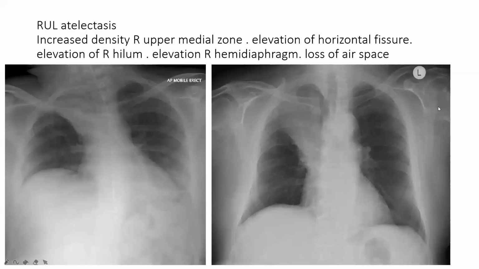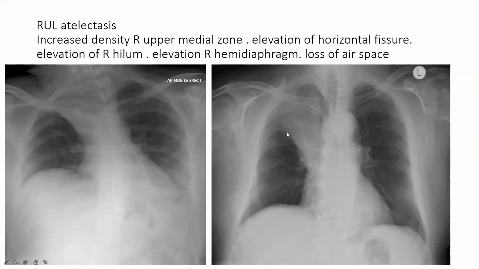I'm going to quickly leave that for now. There is another one that we see quite commonly when it comes to atelectasis: right upper lobe atelectasis. Usually this is defined by an area of increased density in the right upper zone medially.